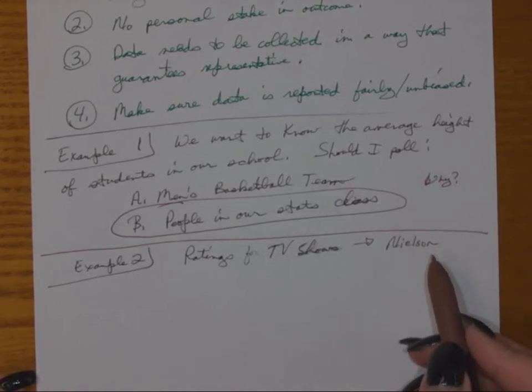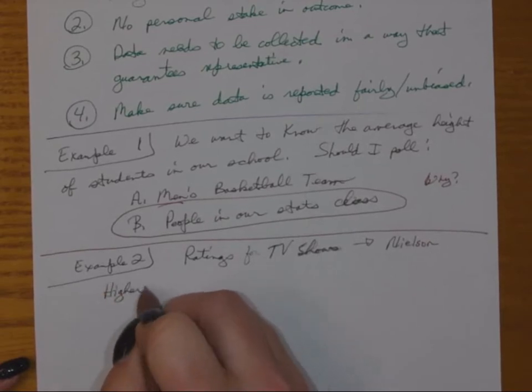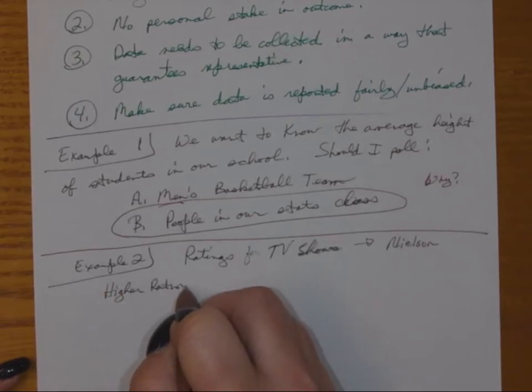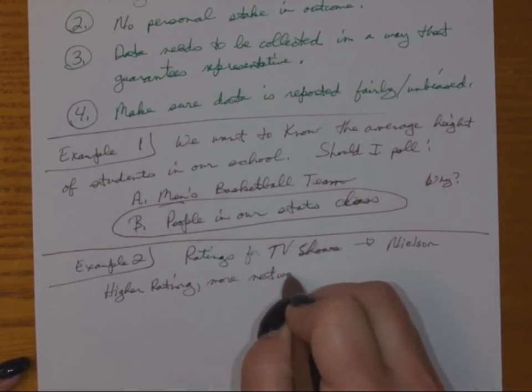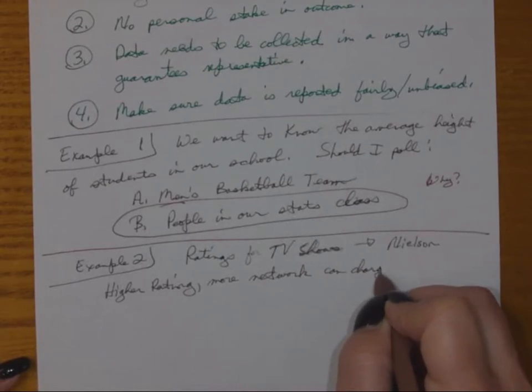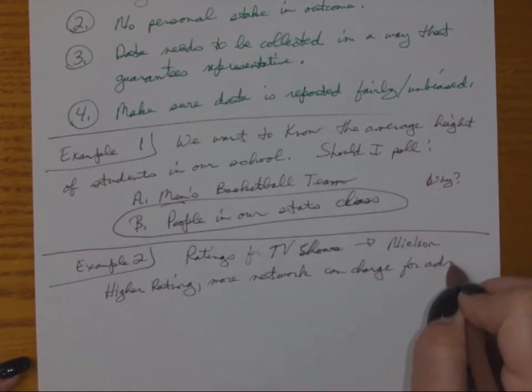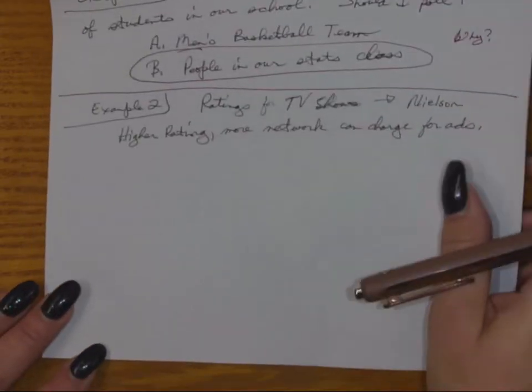Okay. The thing is that the higher the rating, the more a network can charge for advertising. Okay, and we know that to be true. Look at, for instance, the Super Bowl.